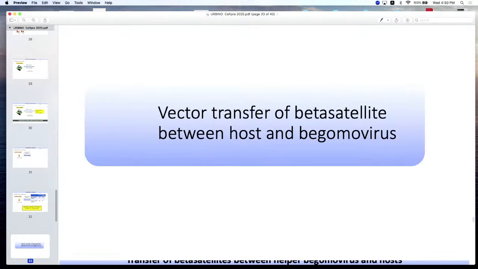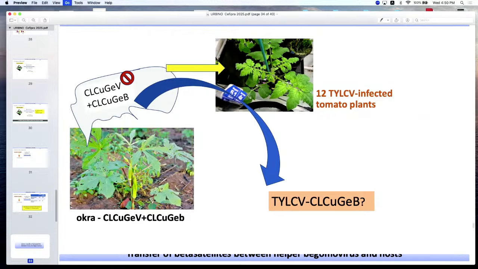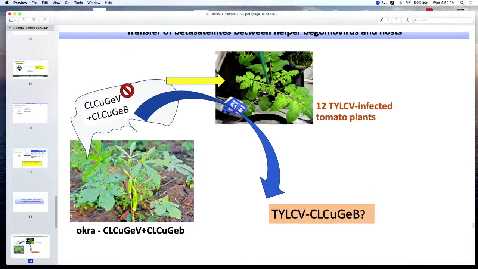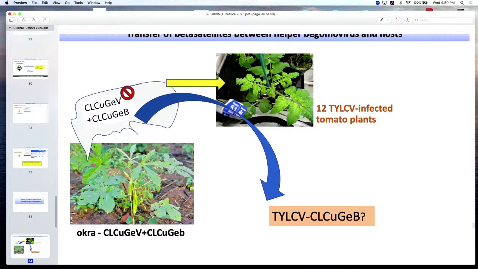Then the last thing we did was to see if the satellite could be transmitted from one virus to another virus in a different host. Imagine that a beta satellite arrives from cotton. So it is collected by whiteflies in okra plants, and we know that this virus doesn't infect tomato.